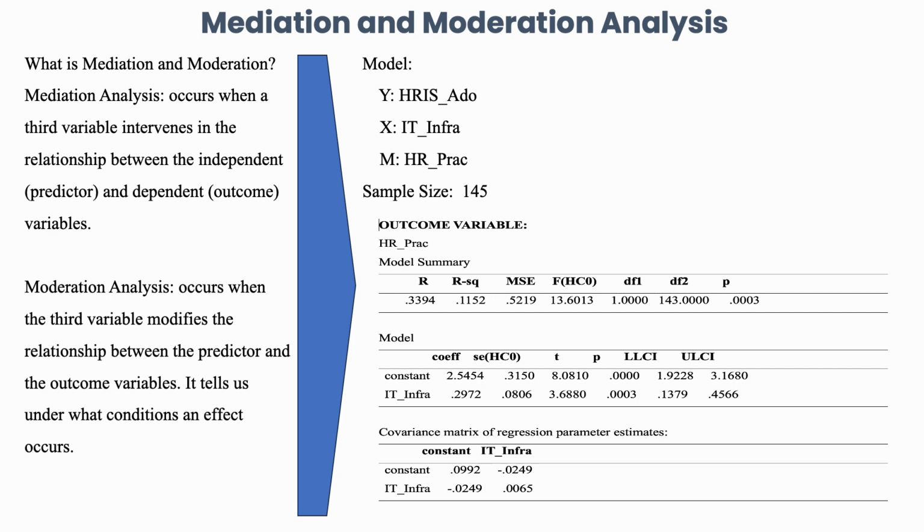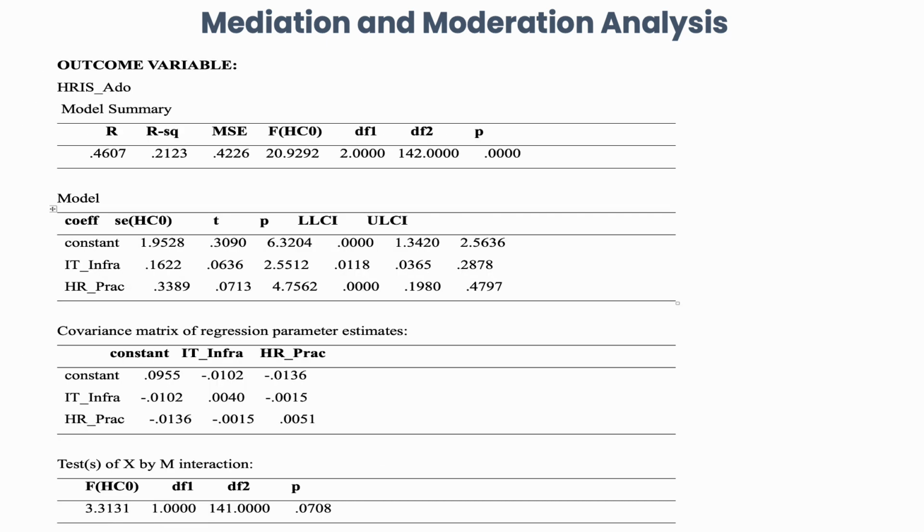Now, for the next example in mediation and moderation analysis, we look at the outcome variable of HRIS Edu. If we look at the table, model summary, model, covariance matrix, and also the test, the model summary suggests that the predictor variables, IT infra and HR practice, explain about 21.23% of the variance in HRIS Edu.